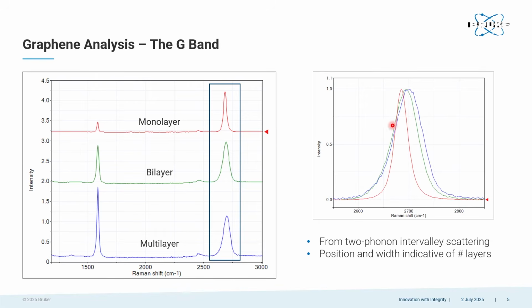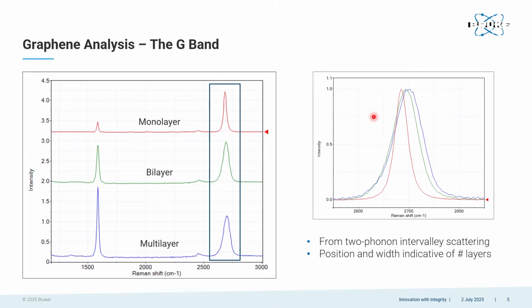Additionally to that position shift, you also have a broadening of the full width at half maximum of the higher amounts of layers compared to a single layer of graphene. So you can also use the position and width of the 2D band to get a feeling for how many layers you are probing with your confocal volume or with the laser line.